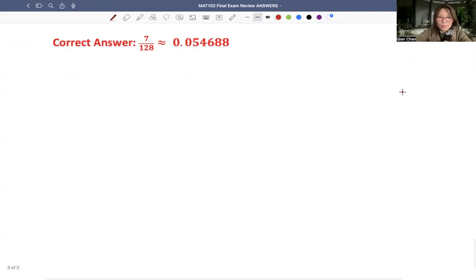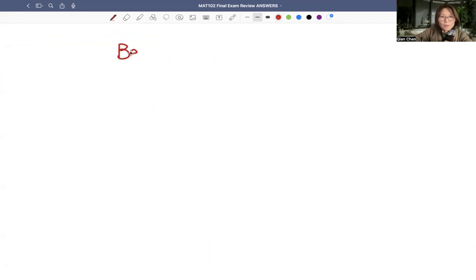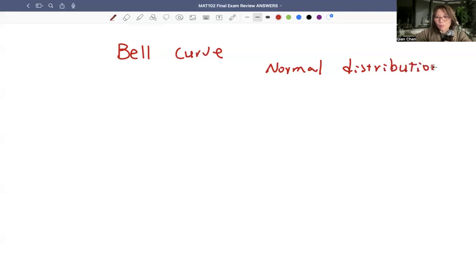So let's first learn the bell curve distribution. People call it the bell curve or normal distribution, right? It is one of the probability distributions. Remember in class I talked about the central limit theorem?